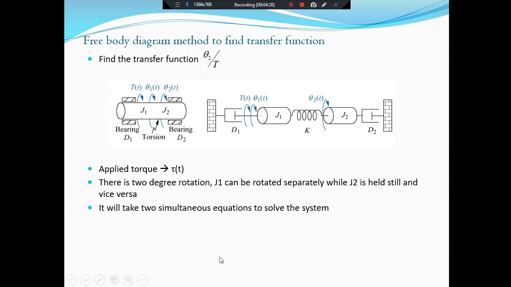Similarly, here we again deal with the degree of freedom. What is the degree of freedom of the system? If the system has 1 degree of freedom, then the number of equations will be 1, and if it has 2 degrees of freedom, then the number of equations will be 2, and so on.